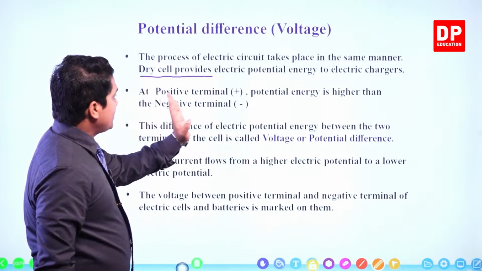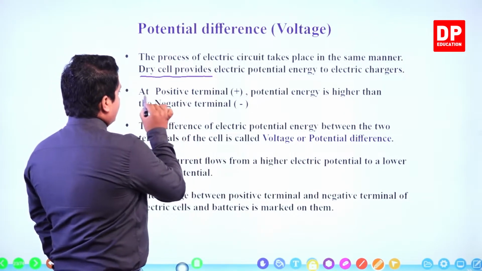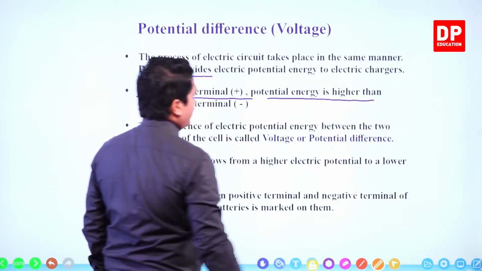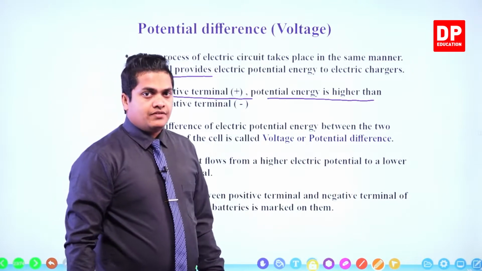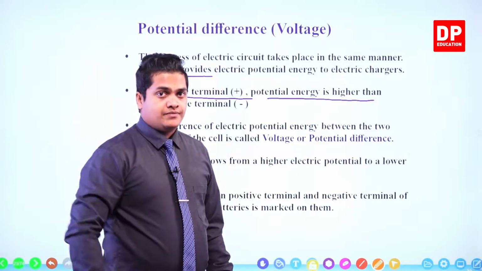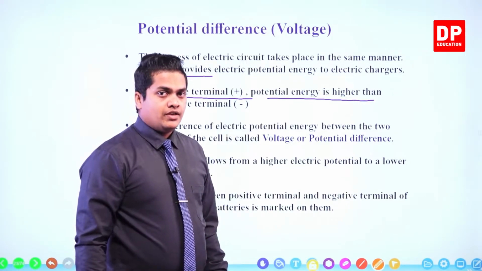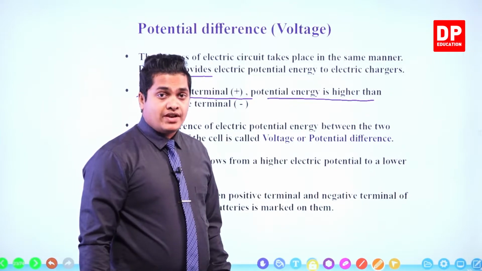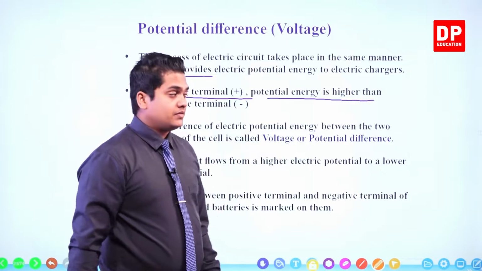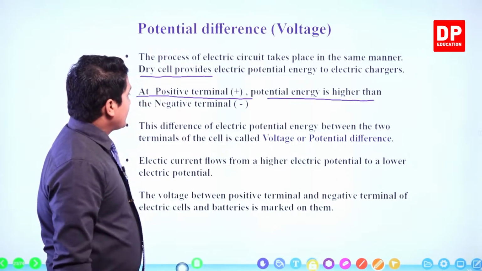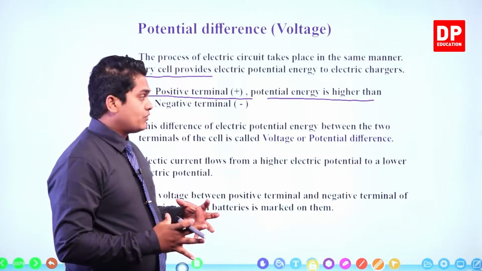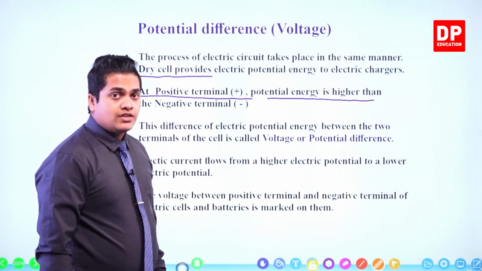At the positive terminal, the electrical potential energy is very high. That's how dry cells are made, to have high potential energy at the positive terminal. Then at the negative terminal, we can observe a very small amount of electrical potential energy.